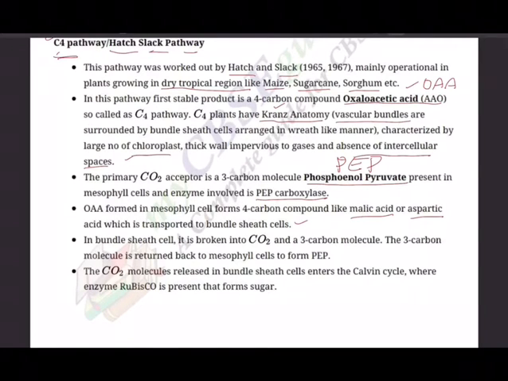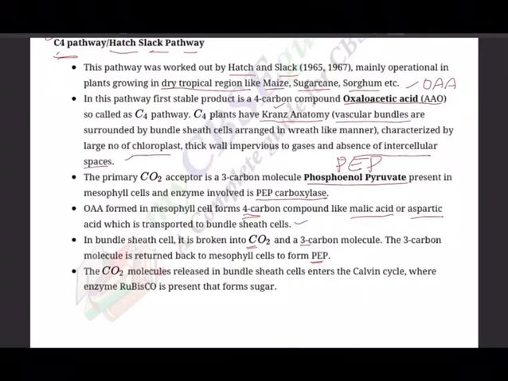In bundle sheath cells, it is broken into CO2 and a 3 carbon molecule, because being a 4 carbon compound it can be broken into 3 plus 1. The 3 carbon molecule is returned back to mesophyll cells to form PEP.